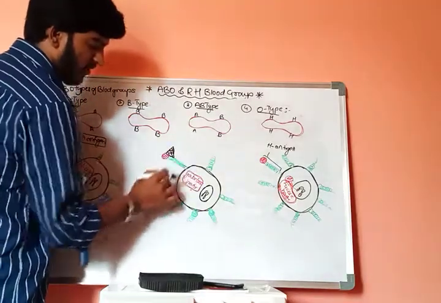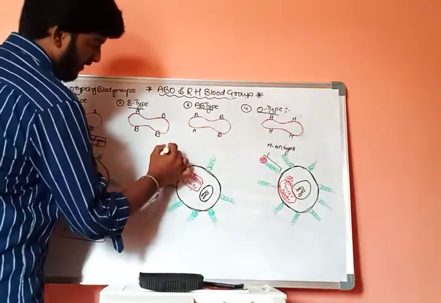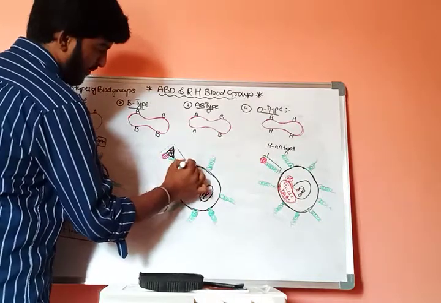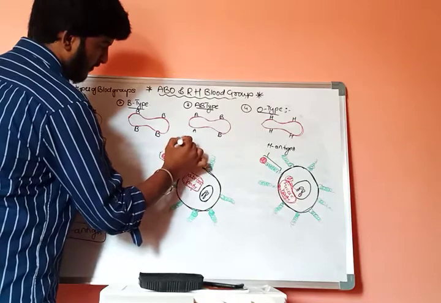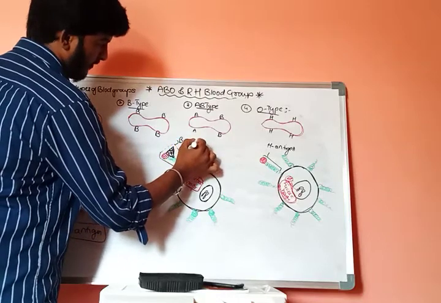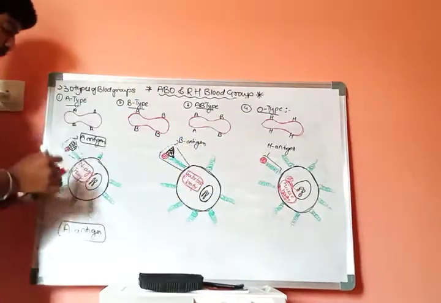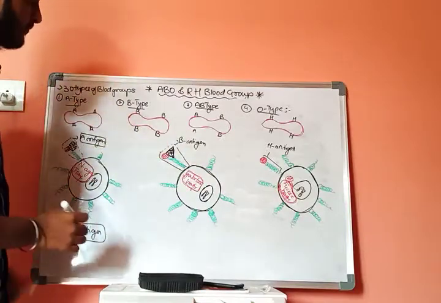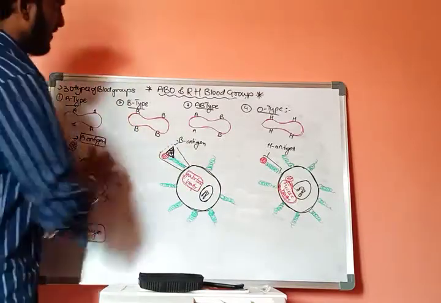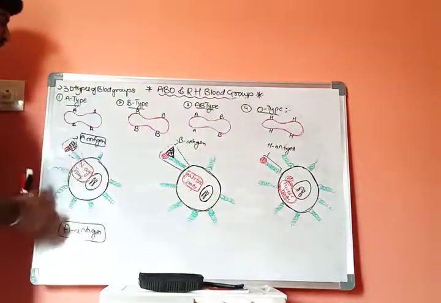When only galactose is attached, this entire complex is called B type of antigen. This is about B type of antigen, and this is about ABO type of antigen.